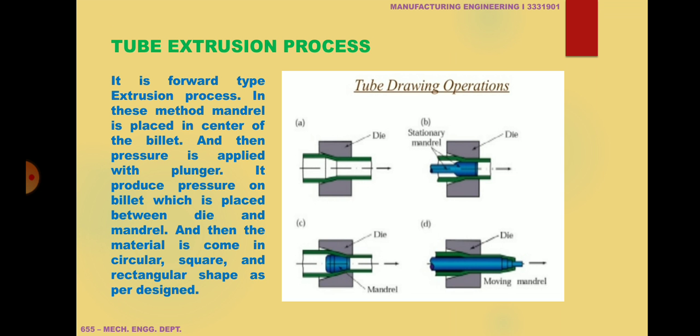It is a forward type extrusion process. In this method, the mandrel is placed in the center of the billet, and then pressure is applied with the plunger. It produces pressure on the billet, which is placed between the die and mandrel, and then the product comes out in circular, square, and rectangular shapes as per design.